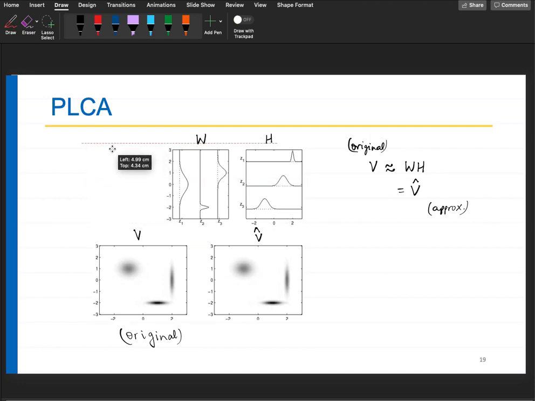But don't get confused. You will see examples later. So this figure is taken from a paper on PLCA. It's one of the very old works, basically in 2001 maybe or 2007 probably. But this was a very nice idea, one of the first papers to implement PLCA for audio applications.